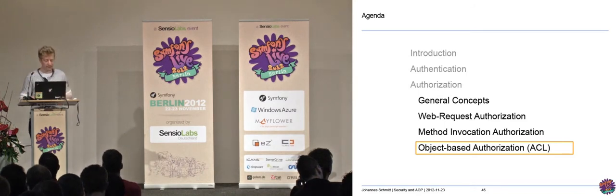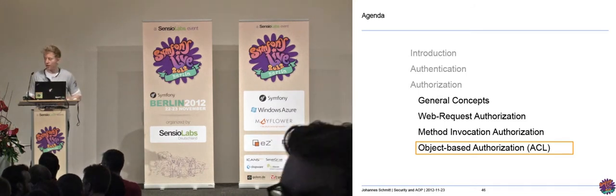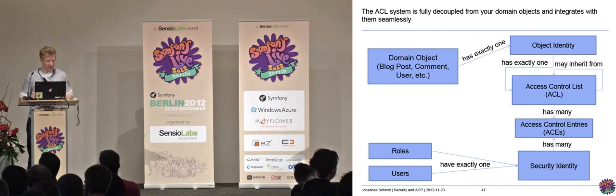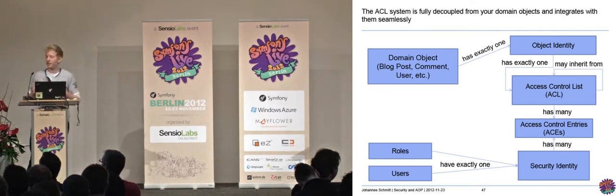And lastly, we have the object-based or class-based authorization, which is basically ACL. And we have a very decoupled ACL system. The ACL system knows nothing about your object. It always works with identity abstractions.